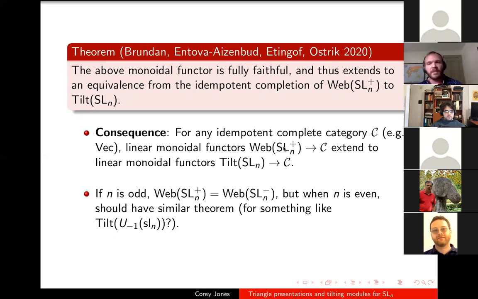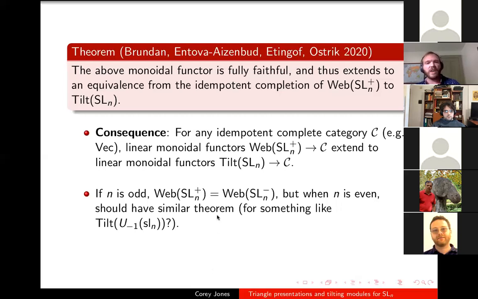But this web SLN category is much easier. I just need to assign an object for each of 1 through n, assign a map to each trivalent vertex, and check it satisfies the relations. So this point of view allows you to build functors out of tilting modules more easily using this presentation from web SLN.